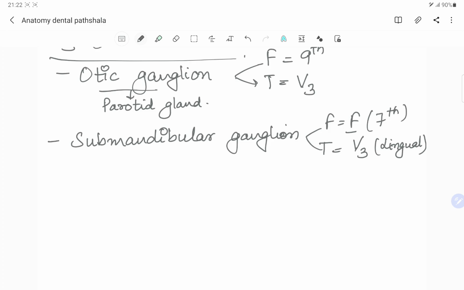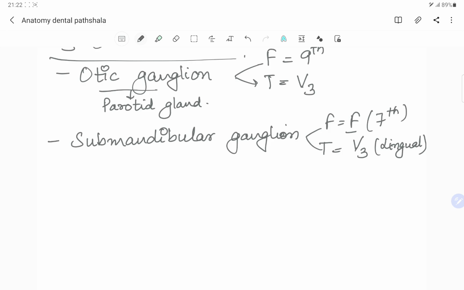So the most frequently asked question is, which of the following nerves is from the divided or the anterior division of the trigeminal nerve, except. In the exception you will see the nerve to medial pterygoid, because it is from the undivided branch, it is not from the anterior division of the trigeminal nerve.